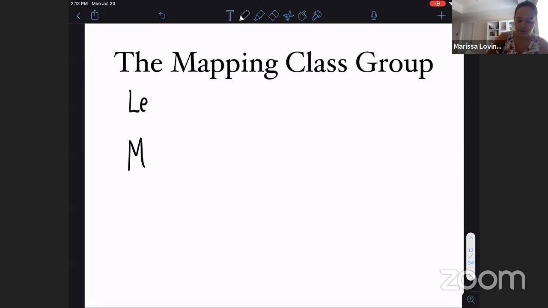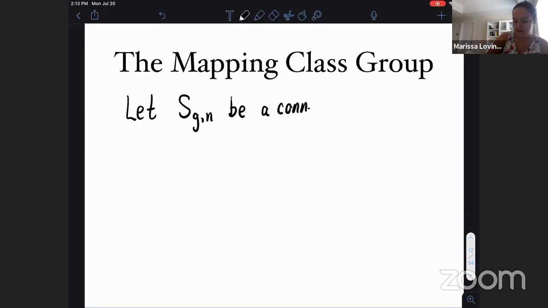So, let S again be a connected, oriented, finite type surface.